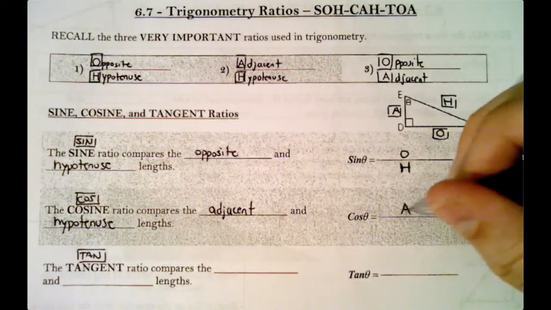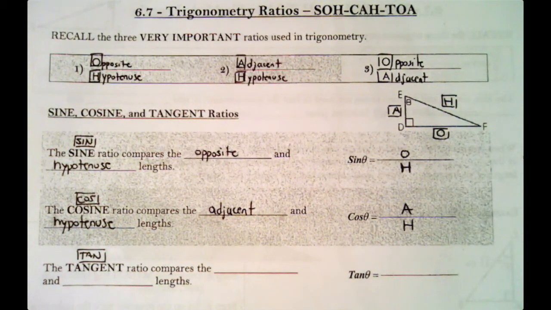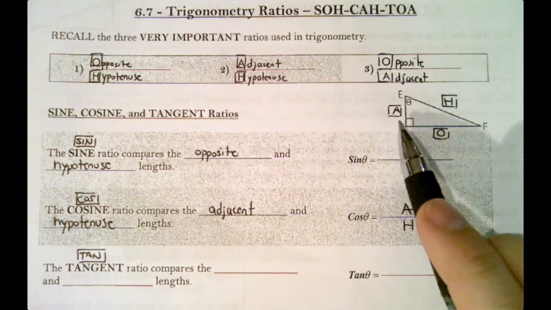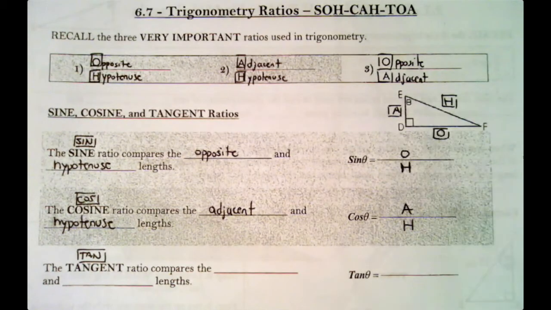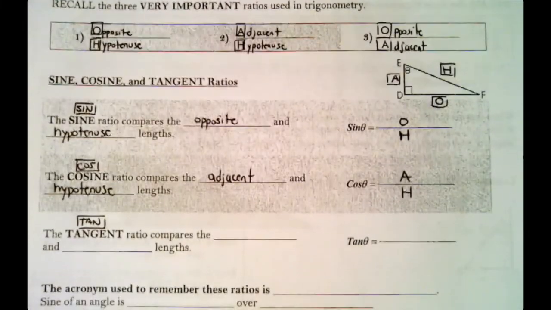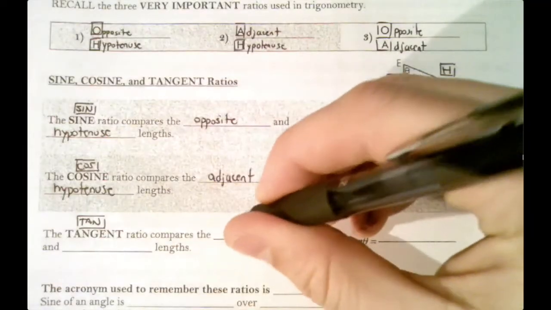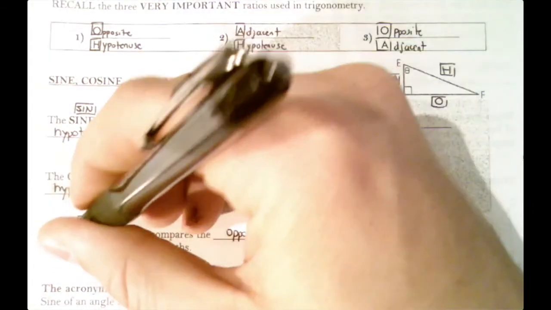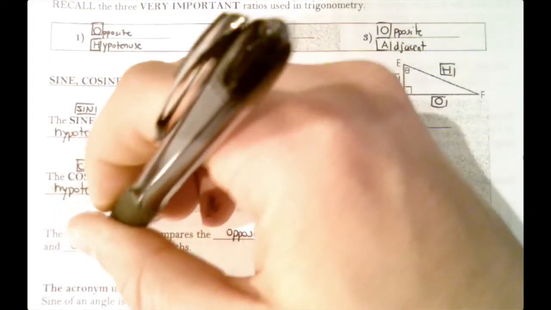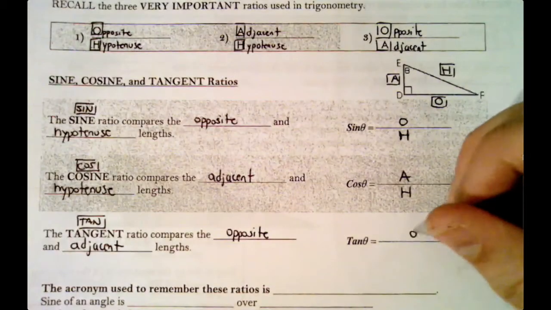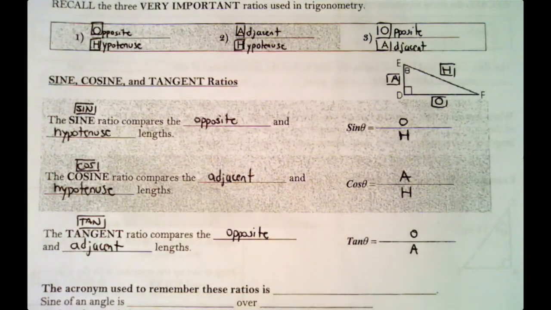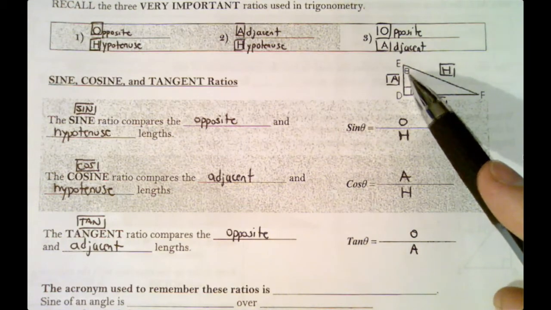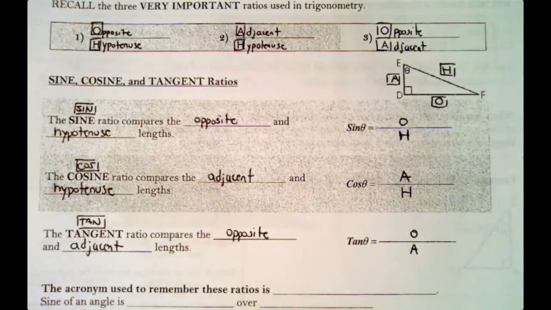So it's the A over H ratio. So if we took the cosine button of our angle, we would get the same answer as doing adjacent divided by hypotenuse. And finally, tan compares opposite and adjacent, O and A. So if we took tan button of our angle, we would get the exact same thing as doing the opposite side divided by the adjacent side.